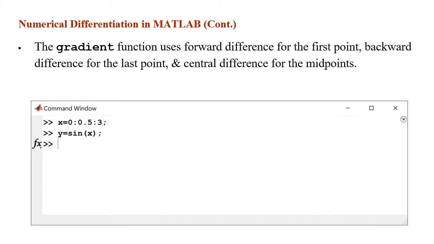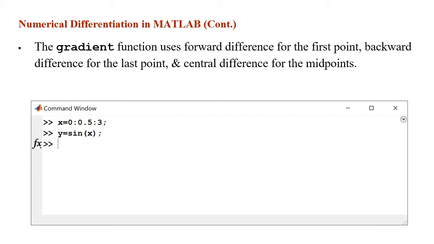The central difference derivative had results closer to the exact derivative, but it lacked the first and the last entries in it. So what we're going to do is learn a function in MATLAB that benefits from this comparison, such that it uses forward difference for the first point, backward difference for the last point, and central difference for the points in the middle.